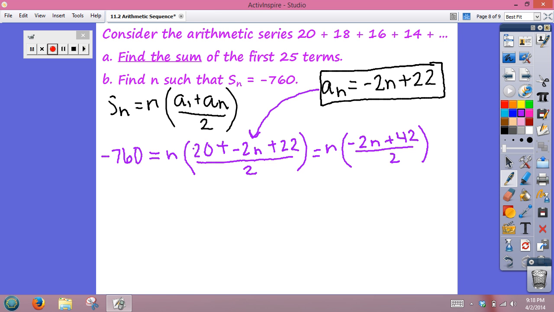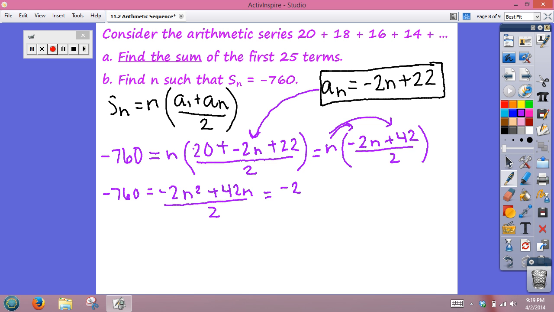And if we distribute the n into the numerator, we get that negative 760 is equal to negative 2n squared plus 42n all over 2. I'd really like to get rid of this denominator here without having to multiply it times 760, so we're going to notice that we can take a negative 2 out of the first term.